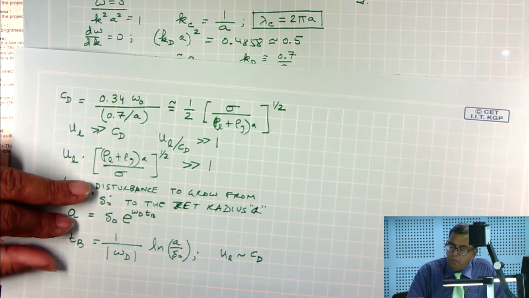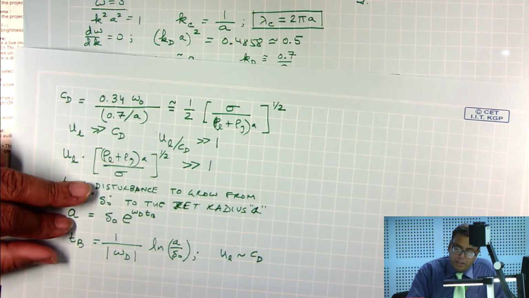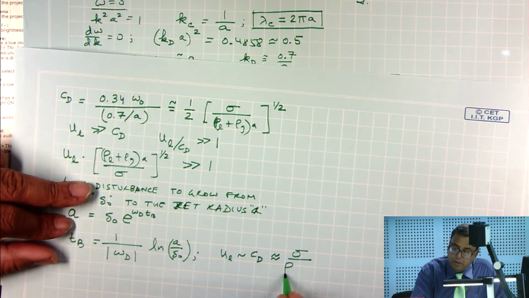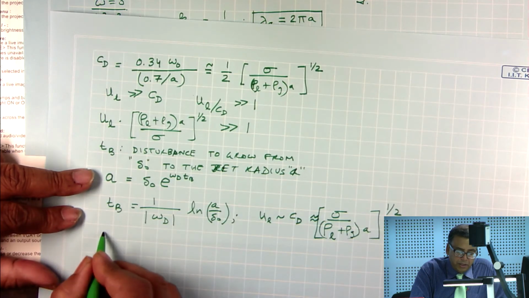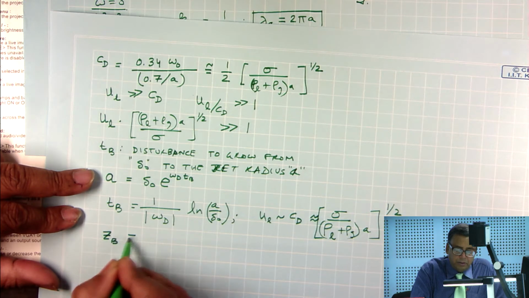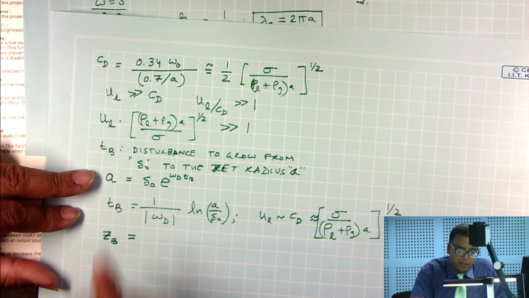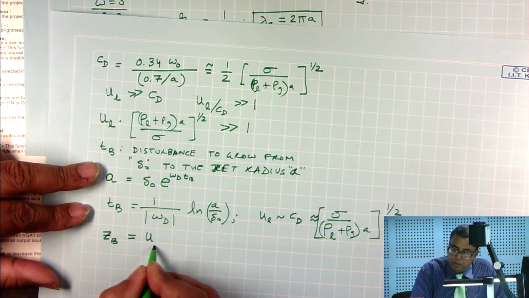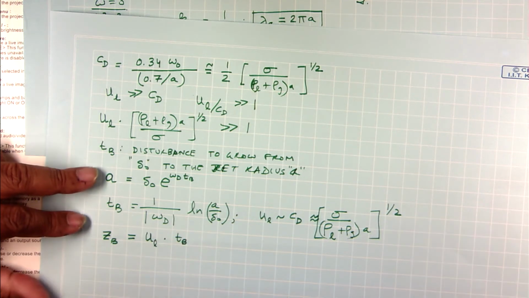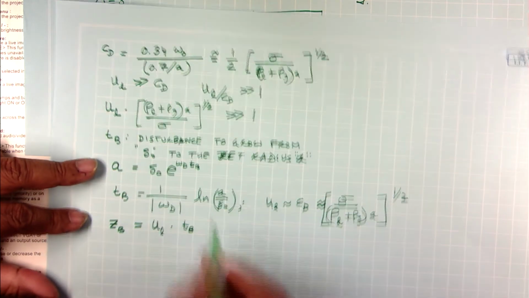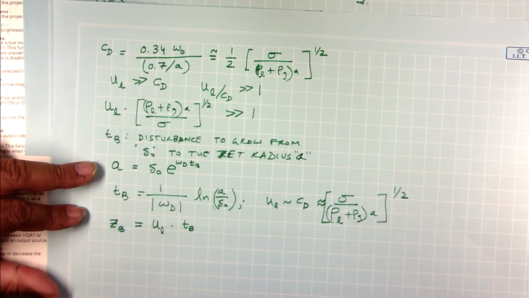So UL is some multiple of sigma divided by rho L plus rho G times A, to the power of half. Then the distance Z that it travels before the jet breaks up is equal to UL times TB, isn't it?